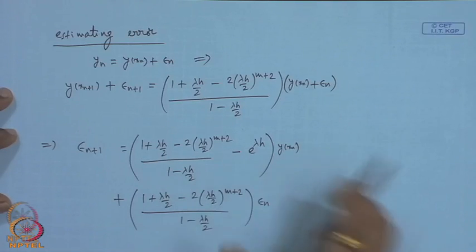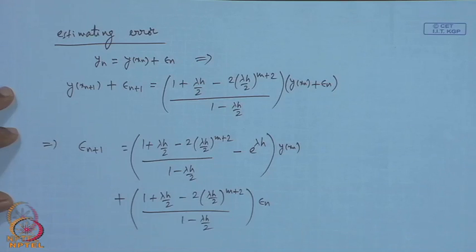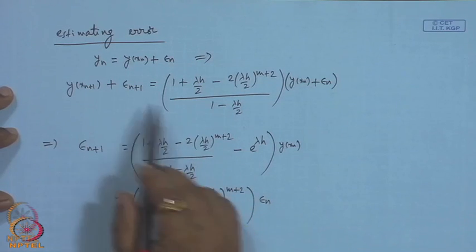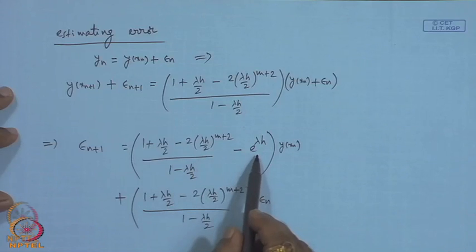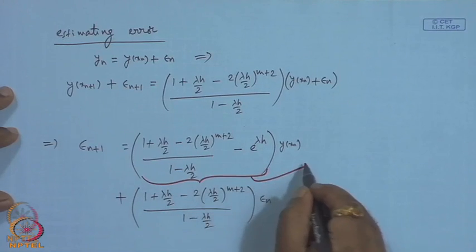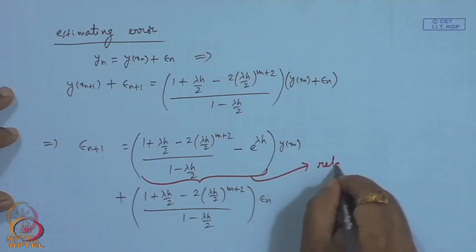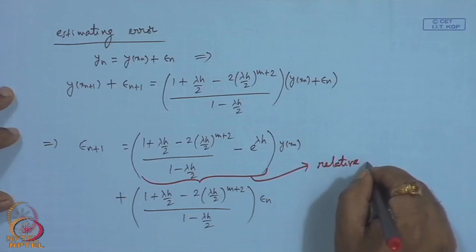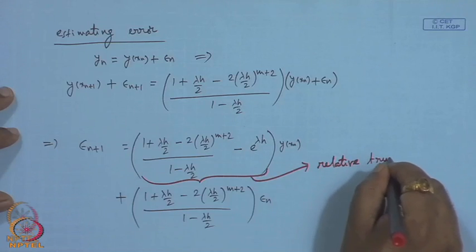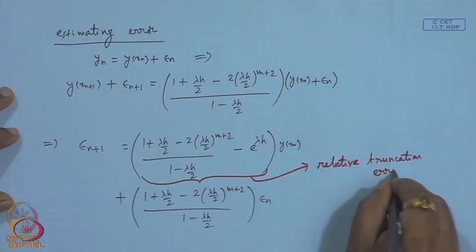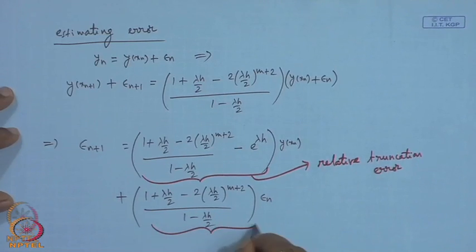So, now what are these two terms? You see this is due to the approximation from the method and this is the exact. So, the difference is the relative truncation error, and what about this?